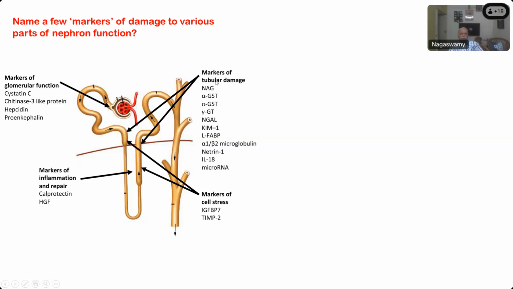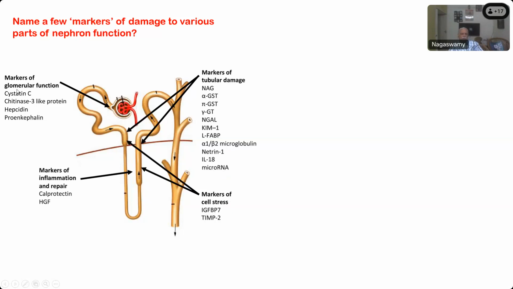Markers of tubular damage, whether proximal, distal, or loop of Henle, are alpha GST, NGAL, alpha microglobulin, netrin, and microRNA. And for markers of cell stress, there is IGF.